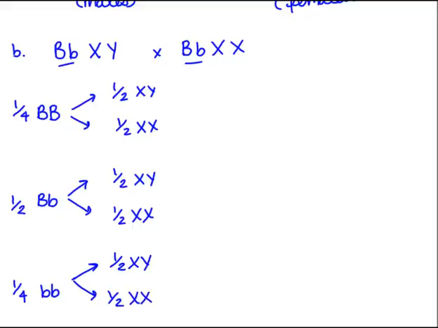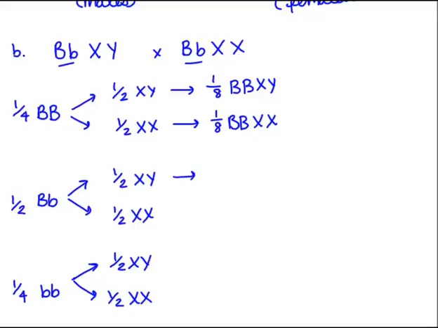Okay, now to find the genotypes and their ratios, let's multiply across. So you have 1/4 times 1/2, and that's 1/8, big B, big B, XY, and 1/8, big B, big B, XX.